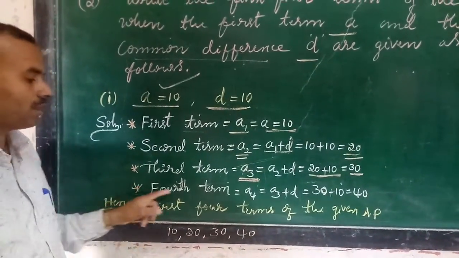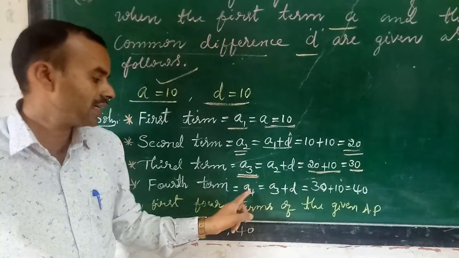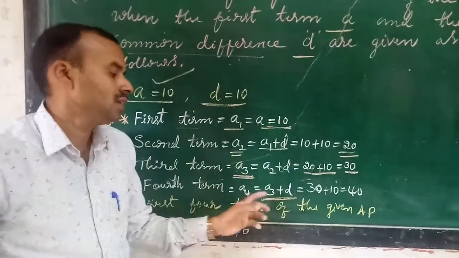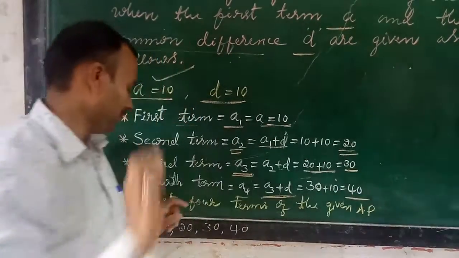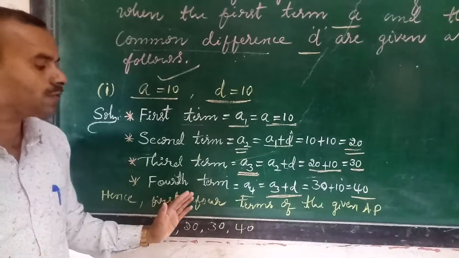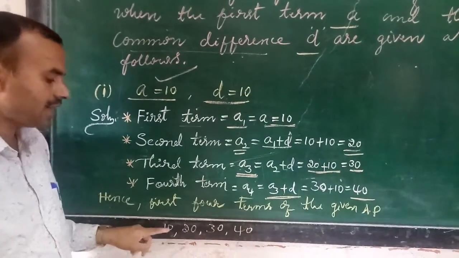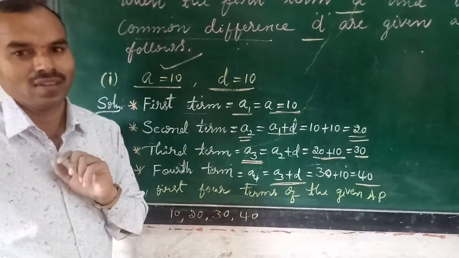Fourth term A4 is A3 plus D, its preceding term plus the difference, 30 plus 10. A4 is 40. Hence, the first 4 terms of the given AP are 10, 20, 30, 40.